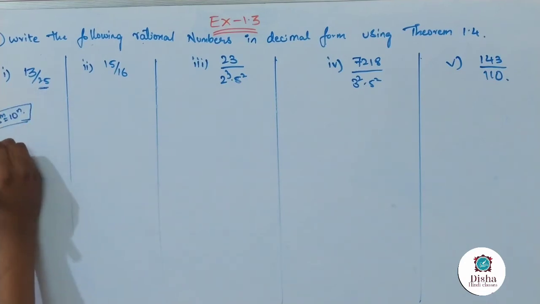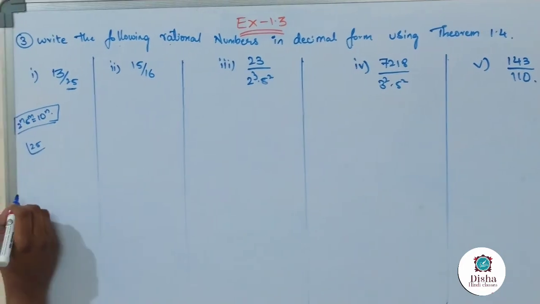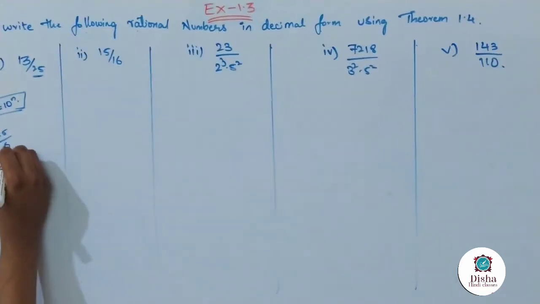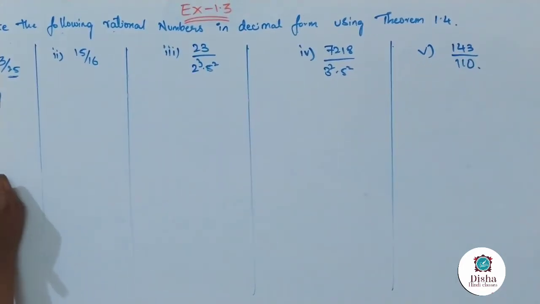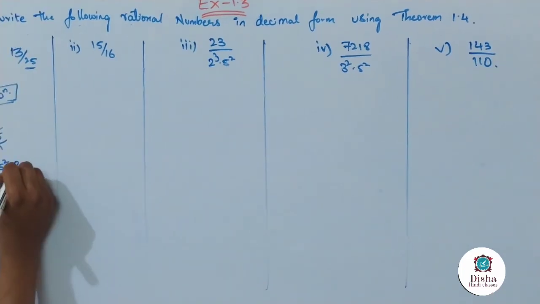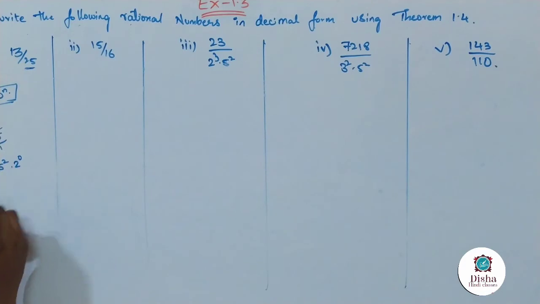So now 25. How can we write 25? We first prime factorize it. 5 square is 25, right? We don't have any 2 power 0 here. So we have 13 by 25.